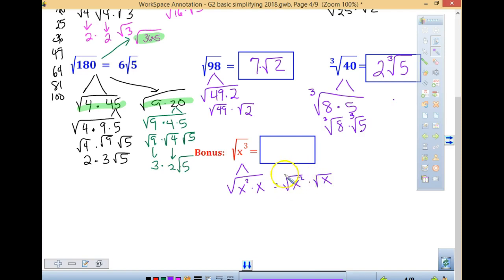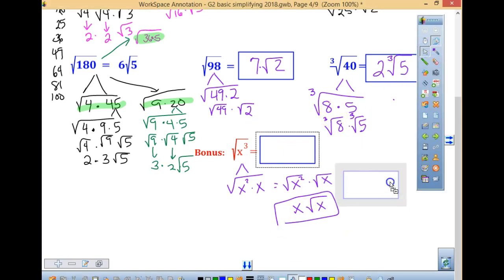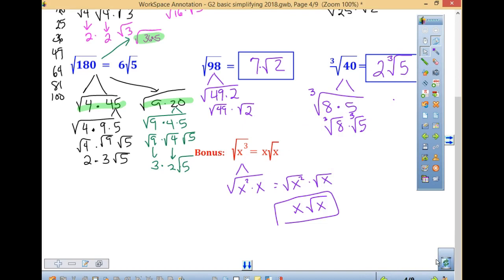What happens to these two things? They kind of undo each other, right? So this is going to be x times the square root of x is our answer for this one. x times the square root of x. Okay? So we're breaking it down to x squared times square root x. Questions?